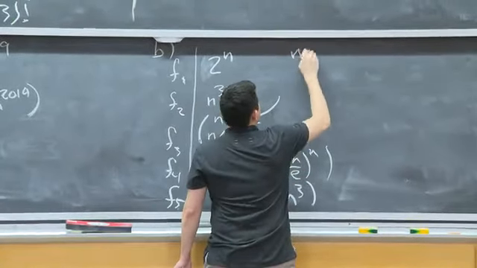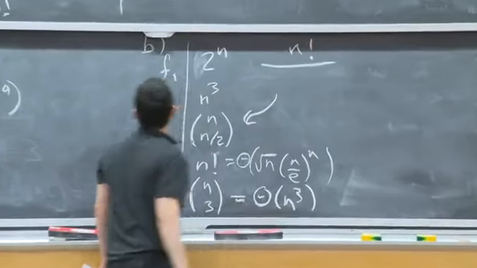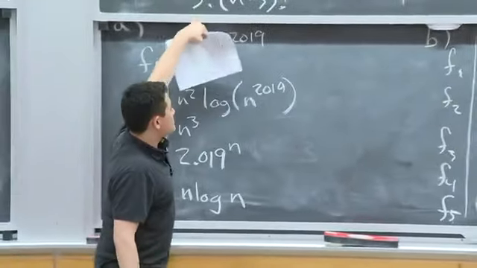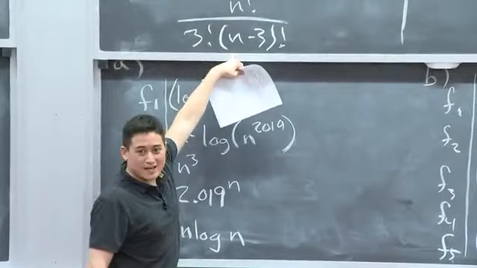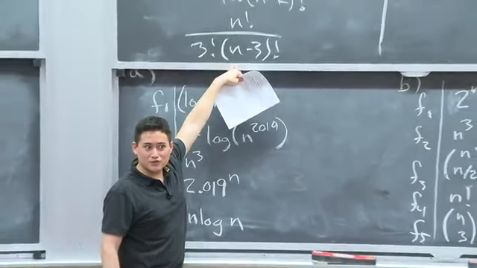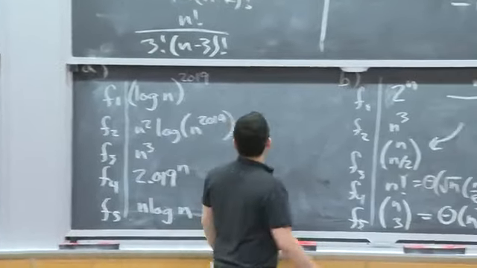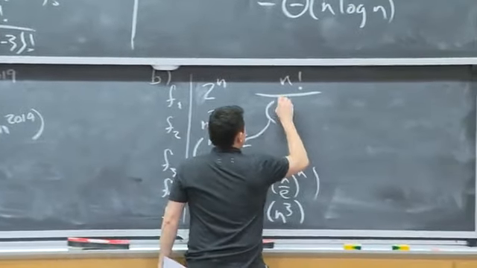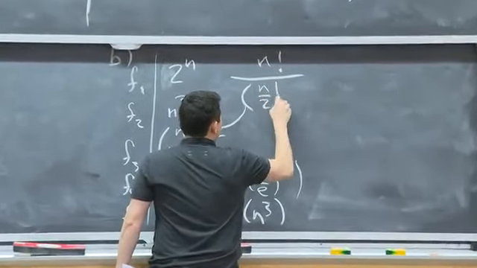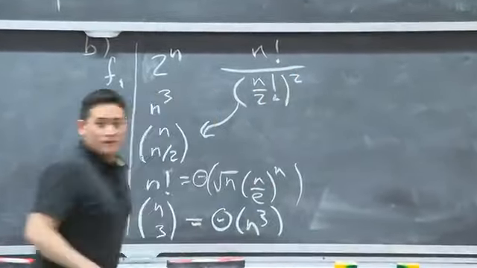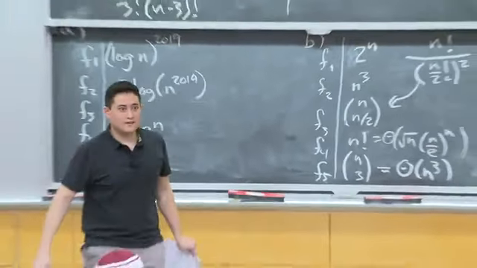This is going to be n factorial over, what is this? N over 2 factorial, and then what is n minus n over 2? That's also n over 2. So this is going to be n over 2 factorial squared. Is that okay? Yeah?